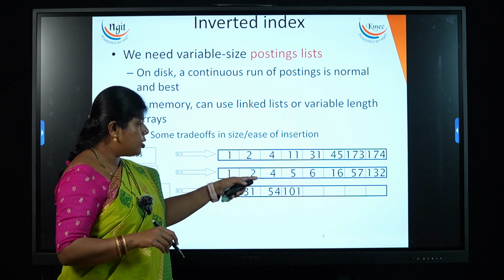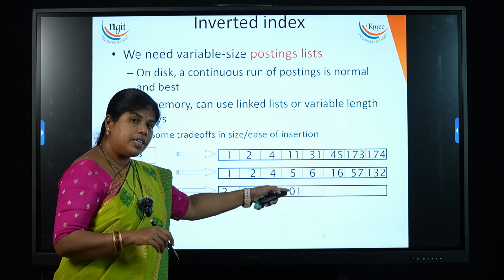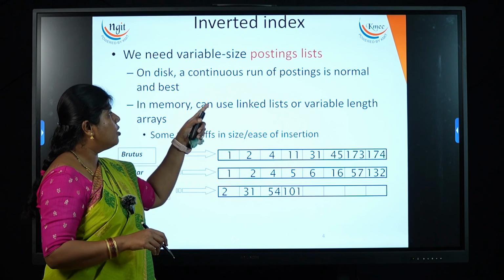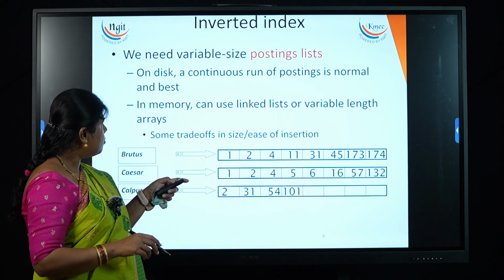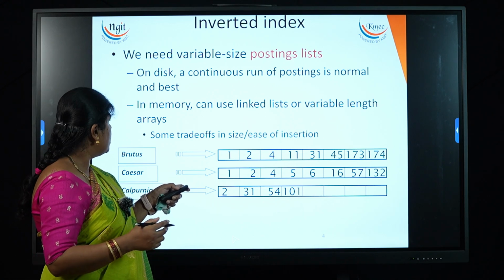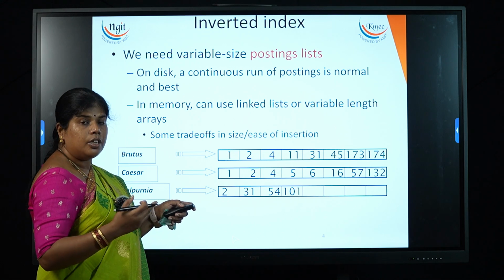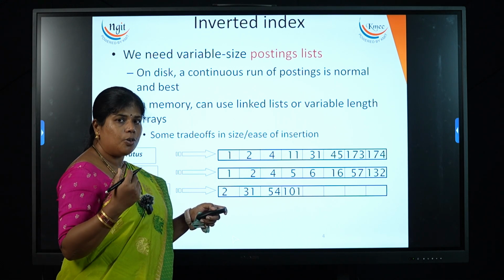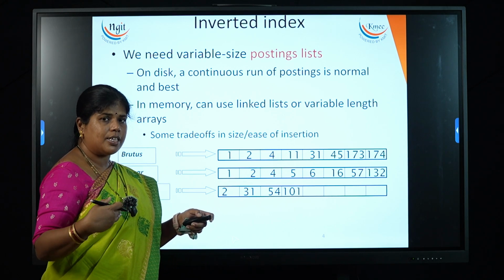But what do you mean by posting? Whatever is your representation, whatever is your index, that index is called a posting. Now we are having a continuous run of the posting and it should be normal and best. For an array, if we go for the variable size, then every time we have to redefine the size of the array.